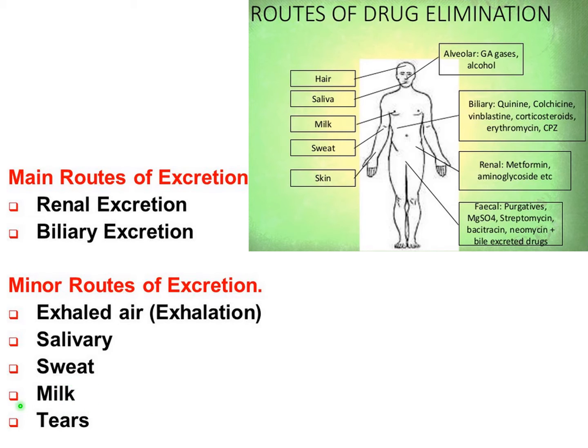Human milk can excrete some, tears, while some xenobiotics will go into hair. Some will be simply deposited on outer layer of skin. But these are all minor routes if you compare to renal excretion.